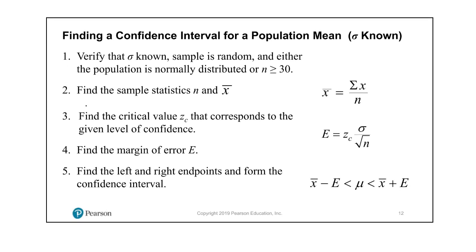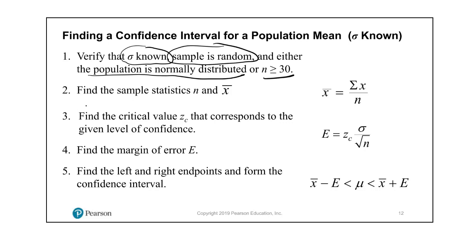So what would go into actually finding a confidence interval? We would want to verify a few things. In this case, we're talking about sigma being known, so the population standard deviation is known. The sample is random. And then we have one of our two qualifications for the central limit theorem: either the population is normally distributed or the sample size is at least 30.